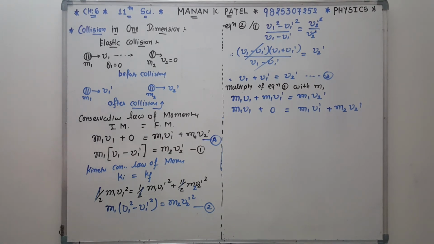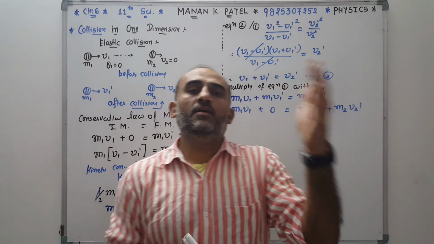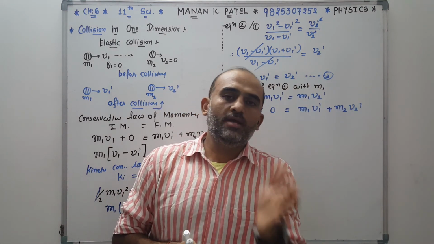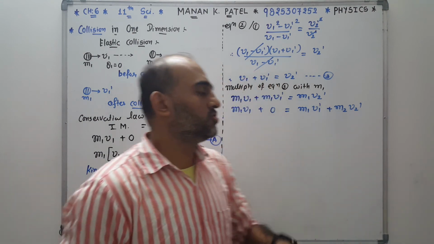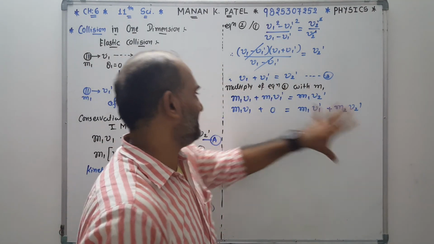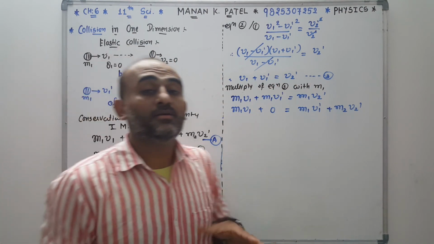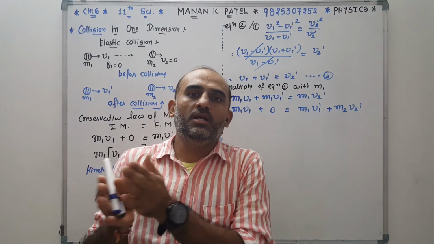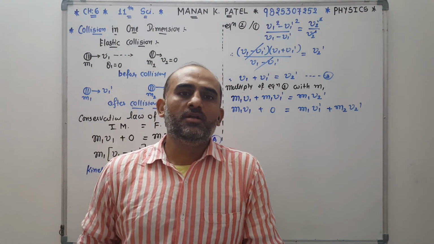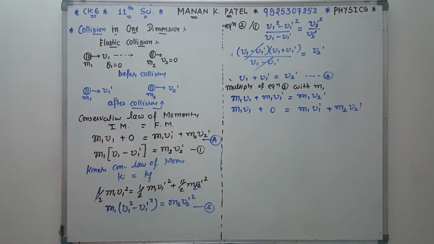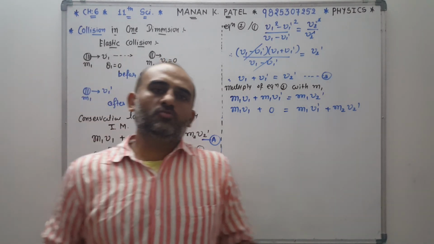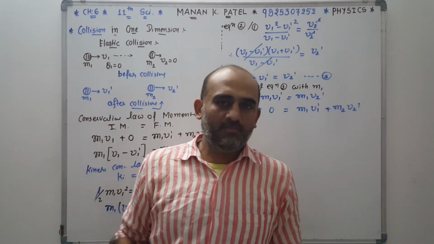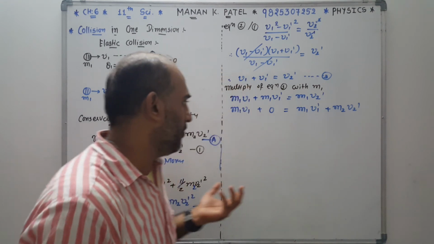Okay, now there is another option. We have found v2 dash in the form of v1 dash, but we can also find v2 dash in the form of v1. Students can derive it individually.